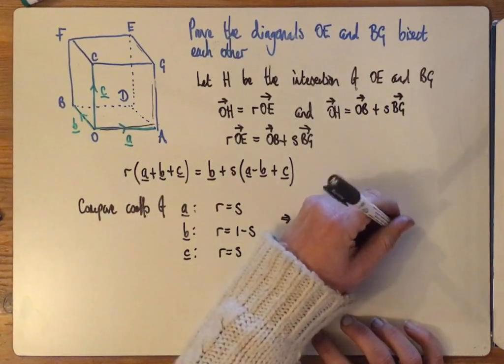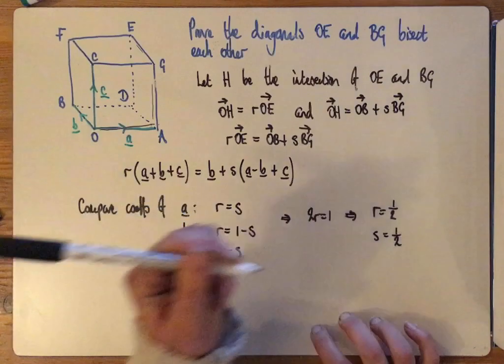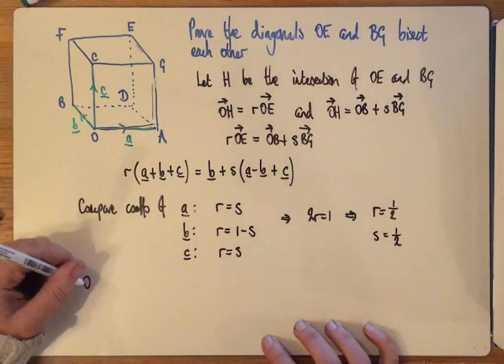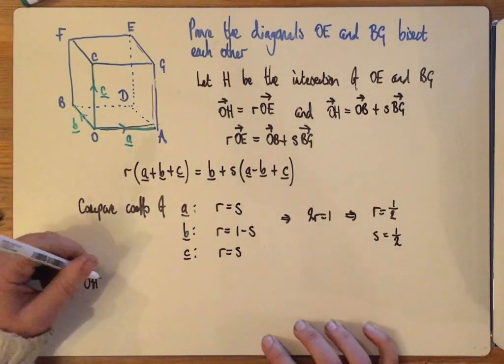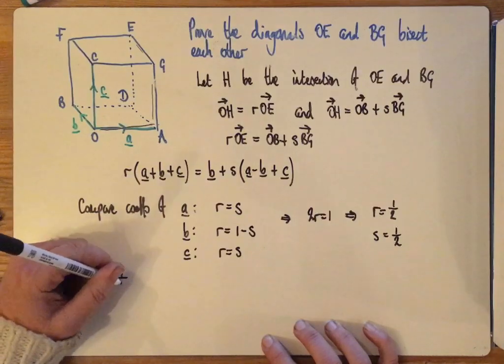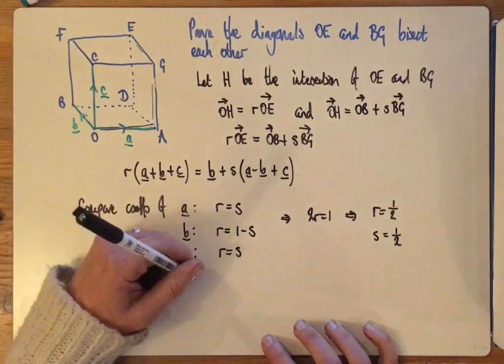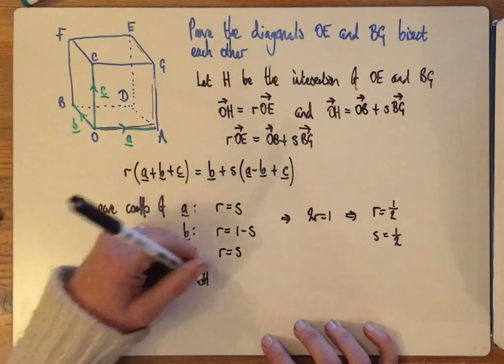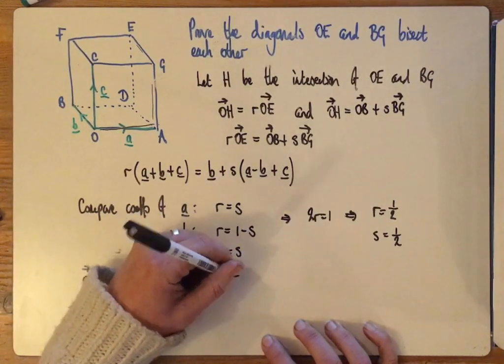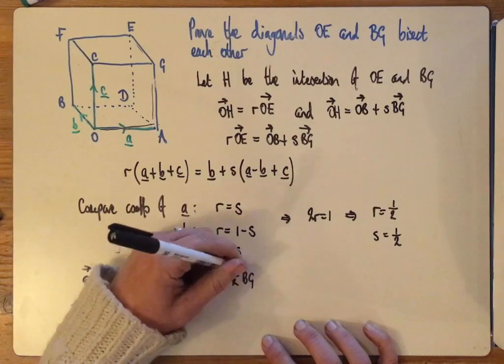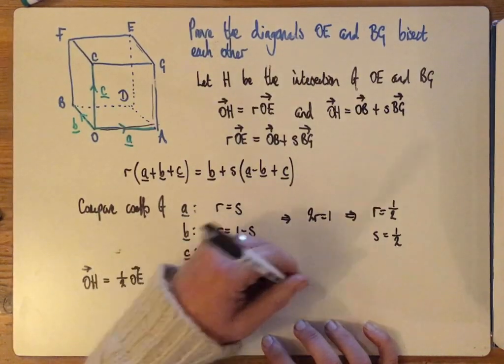So they do intersect. And so OH equals a half OE, and BH is equal to a half BG, so the diagonals bisect each other.